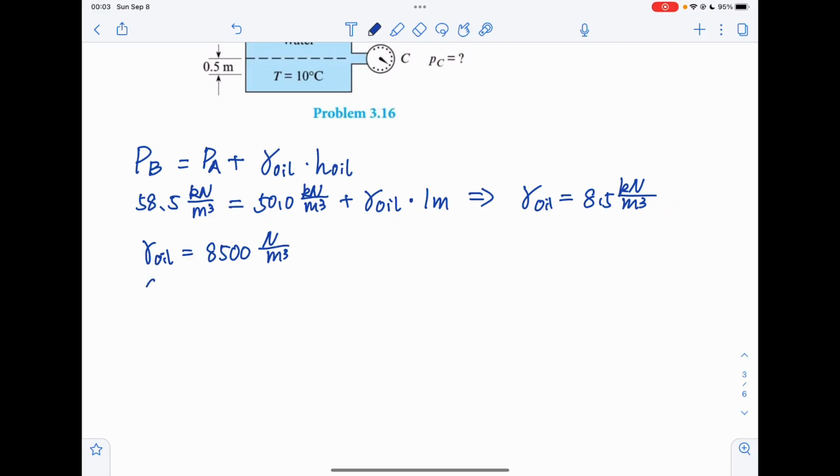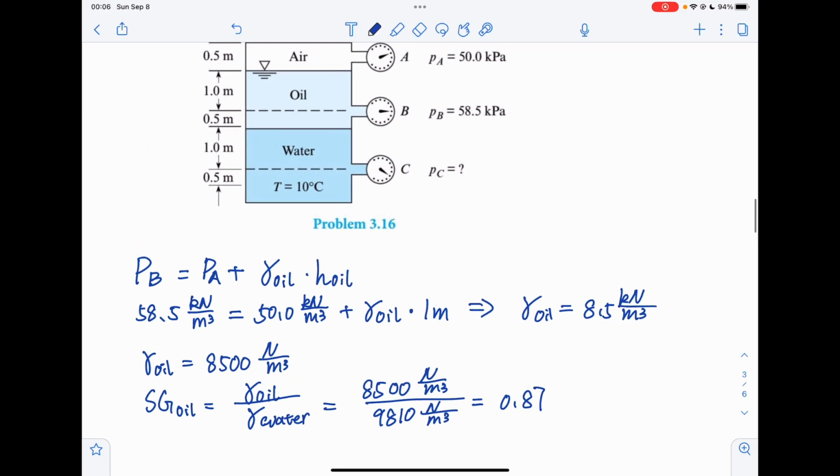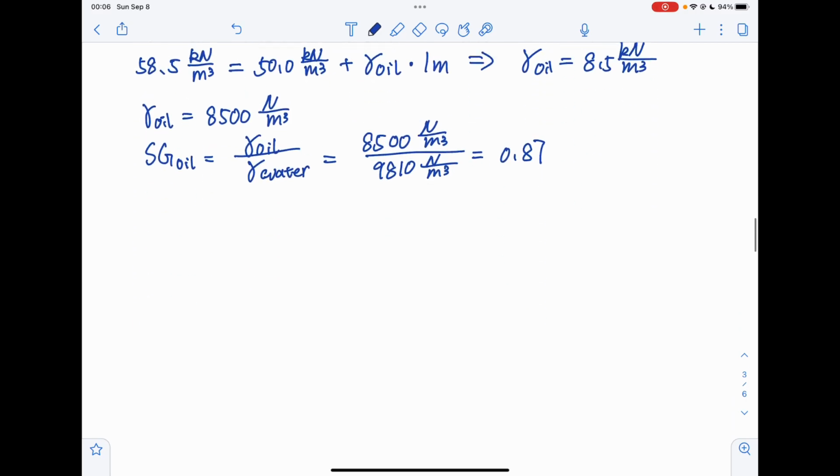So your specific gravity of oil is the gamma of oil over the gamma of water, which is 8,500 Newton per meter cubed over 9,810 Newton per cubic meter, which is 0.87. For part C, we're asked to find the reading at point C.